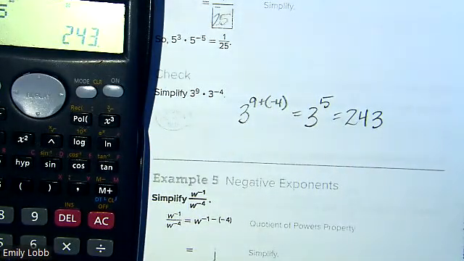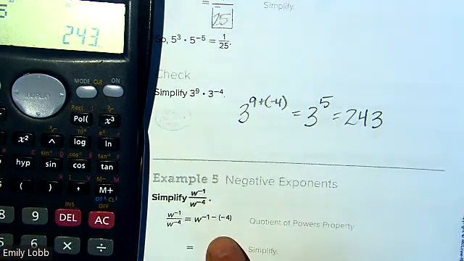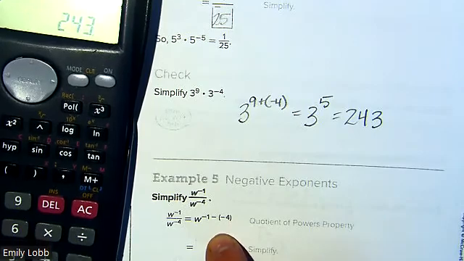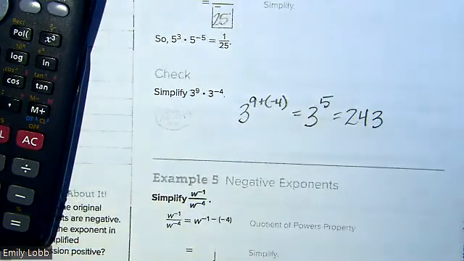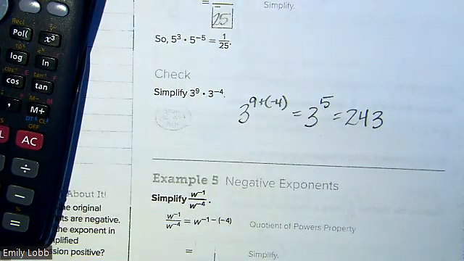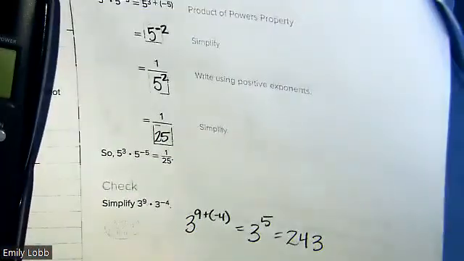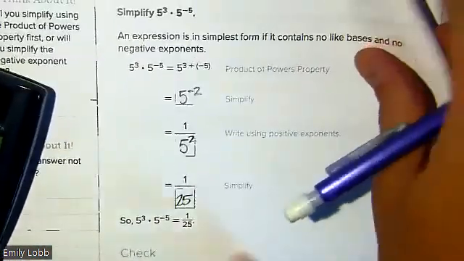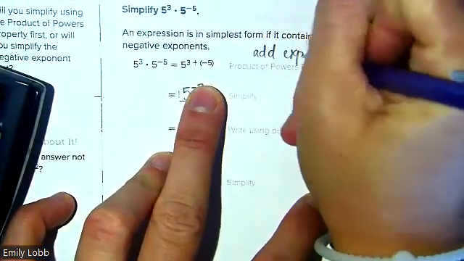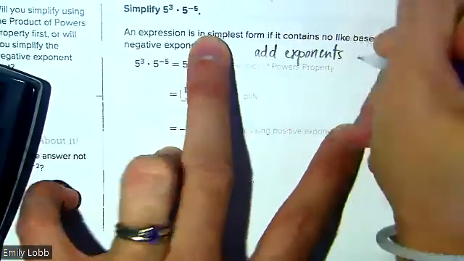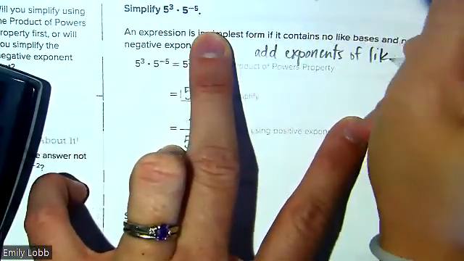Okay. So now we have another example, except this time it's more algebraic because we've got letters involved instead of just numbers. So now looking here, we have quotient of powers property. Do you remember our quotient of powers? Let's go back up here and remember our product of powers is to add exponents of like bases.